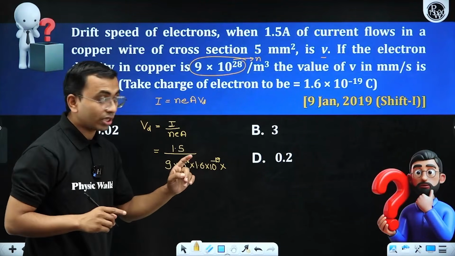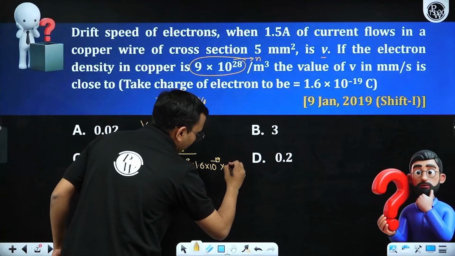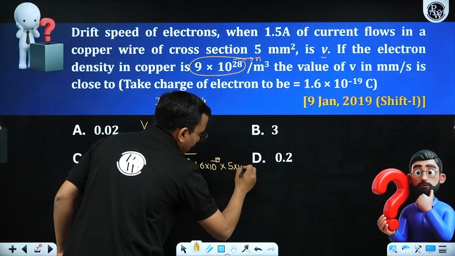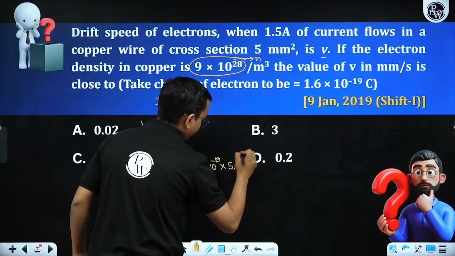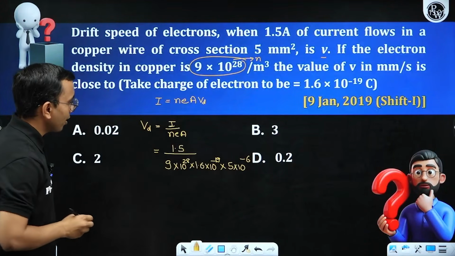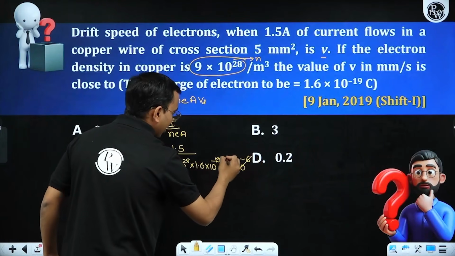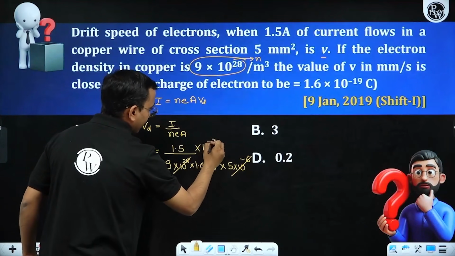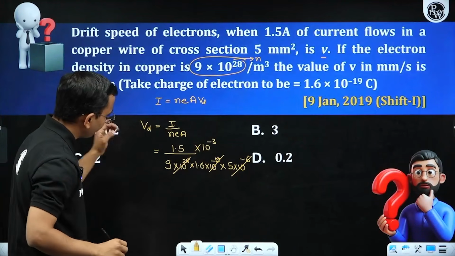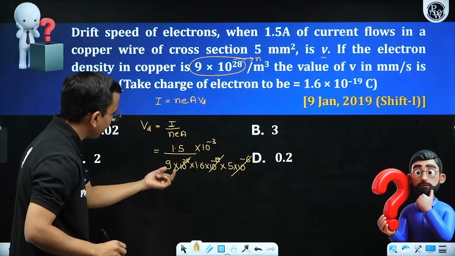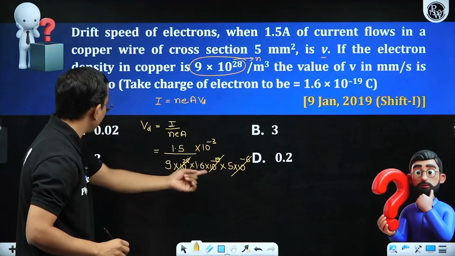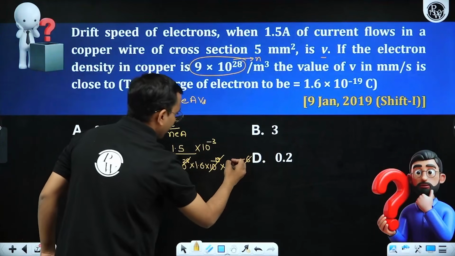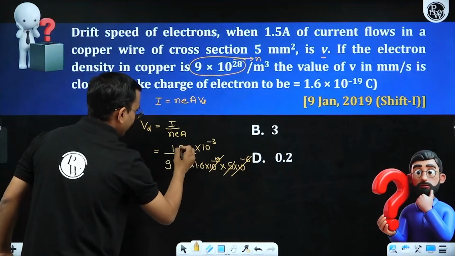I need to convert that to SI units, so this will become 5 into 10 to the power minus 6. So this is minus 25, so this will become 10 to the power minus 3, so the mm thing I got. So this is 1.5 divided by 1.6 here, 5 here and 9 here. What it will become, this is 0.3.